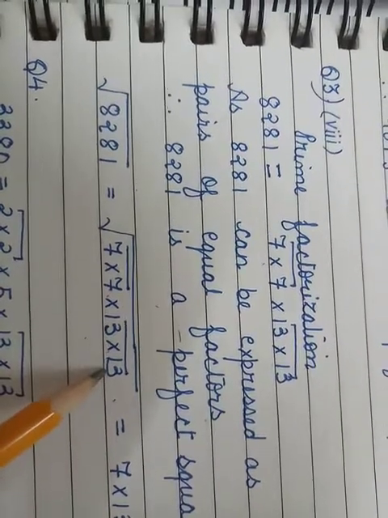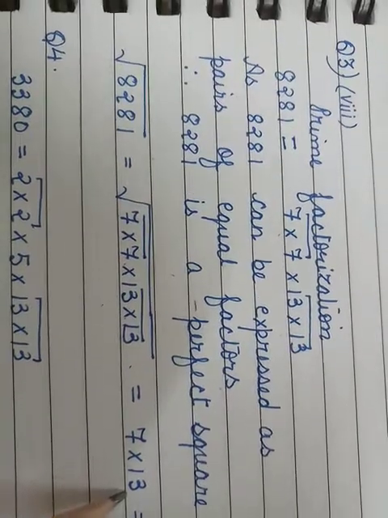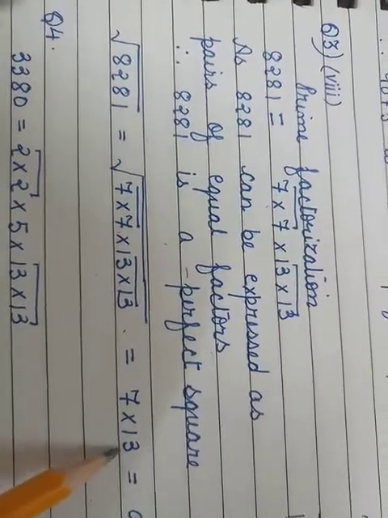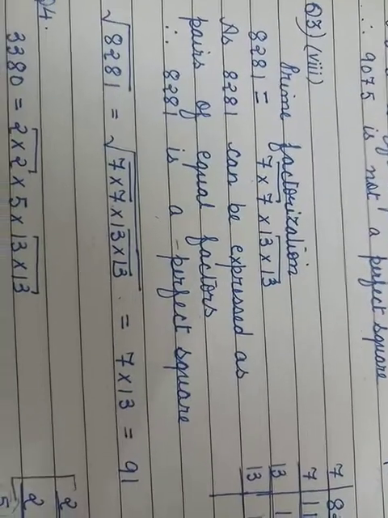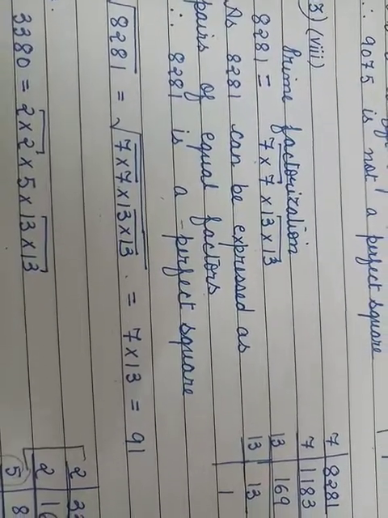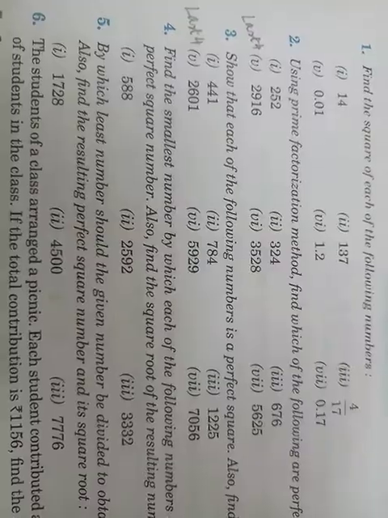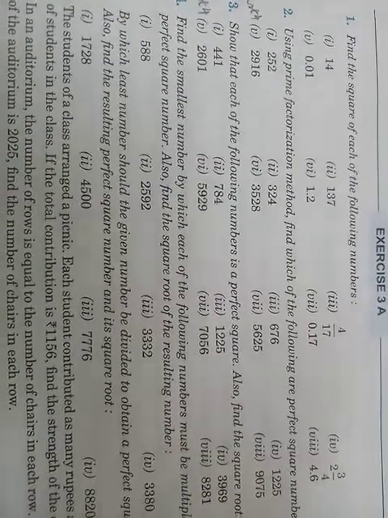And 13 is having power 2, that also becomes half, that is 13 to the power 1. Now we multiply 7 and 13, that becomes 91. Therefore the square root of 8,281 is 91. So this way we have understood how question number 3 is to be solved.